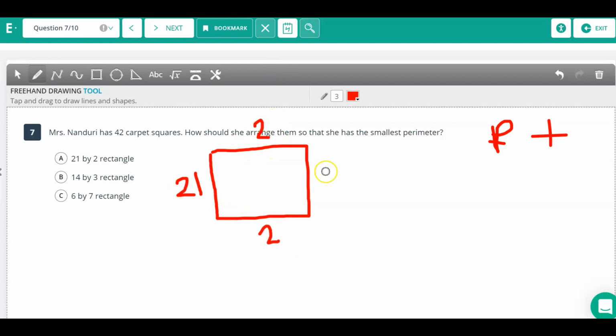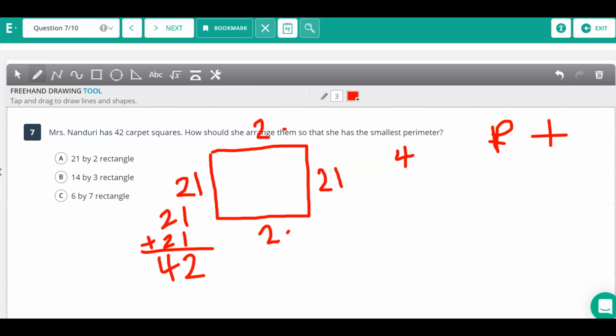If this is 21, this is 21. And then I can add them all together to see what I get. 2 plus 2 is 4. And I'll have to write out 21 plus 21. 1 plus 1 is 2, and 2 plus 2 is 4.